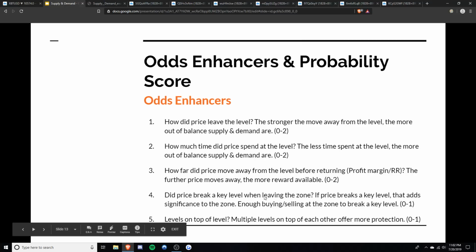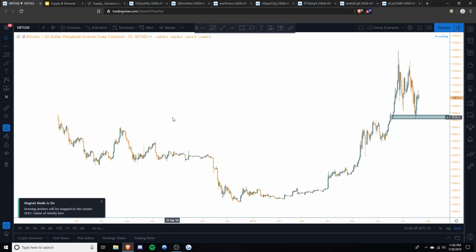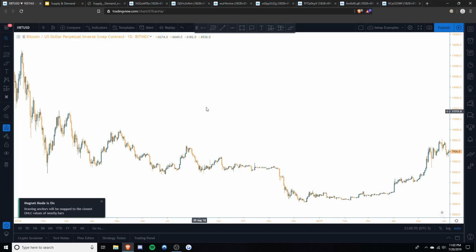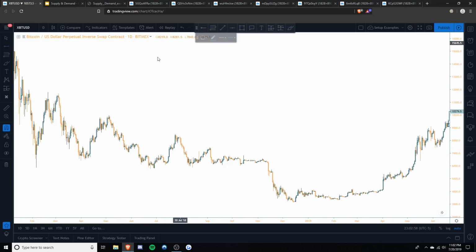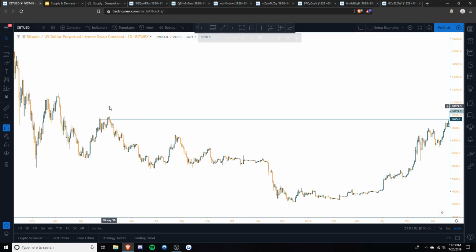Did price break a key level when leaving the zone? If price breaks a key level, that adds significance to the zone. Enough buying or selling at that zone to break a key level. So let's see. Are there any key levels that we can find to the left?